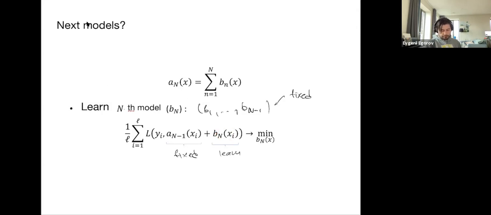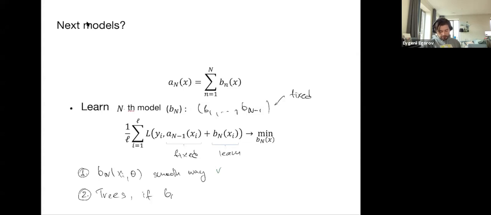We have two variants. This guy could depend on some parameters in a smooth way. Then it's okay, we could just perform gradient optimization and that's it. But usually we are more interested in not so smooth models, and the most useful example is trees.